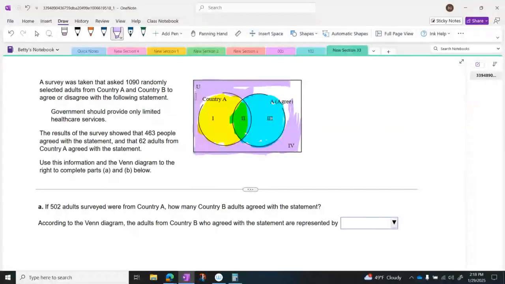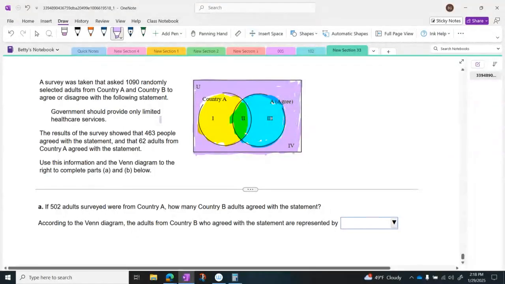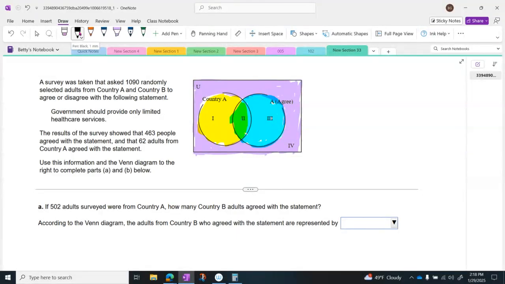They include the people who do not belong to any of the 2 circles, right? Means they are from country B and disagree. So I want to write this down. Then when you work on the problem, it would actually make your job a lot easier. So you want to write it down.